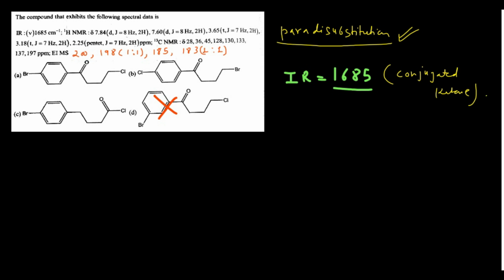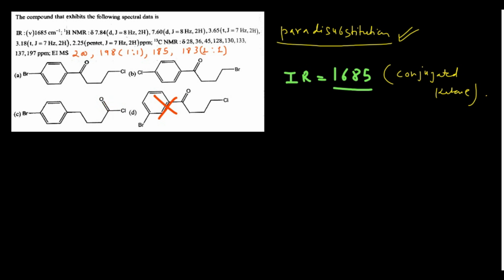And to decide the conjugated ketone, you should know a very important fact here. See, option C, if you look, option C is the acid chloride, right? So when you have this acid chloride, you can apply various concepts of general organic chemistry. But I am telling you straightforwardly what can happen. Due to the presence of this chlorine, this carbonyl resonates at a higher frequency, or you can say the stretching frequency is quite high, somewhere around 1800 cm inverse.